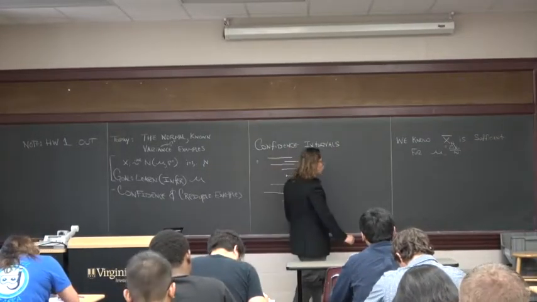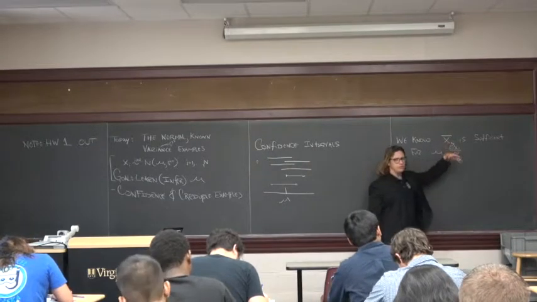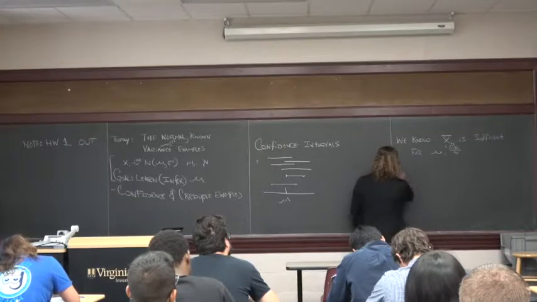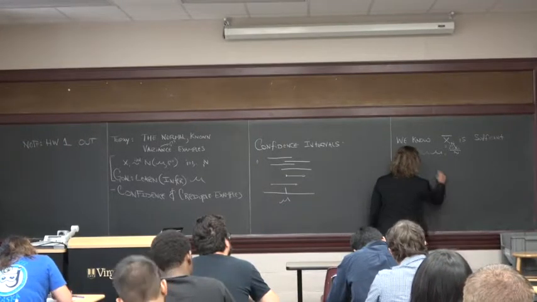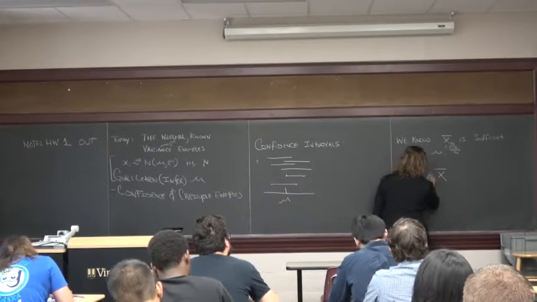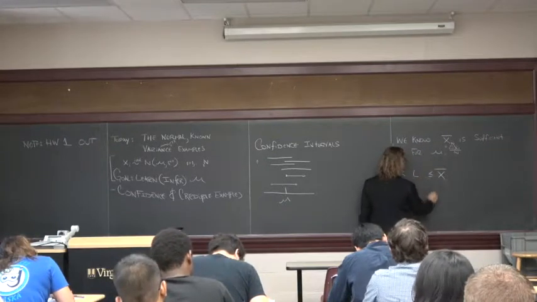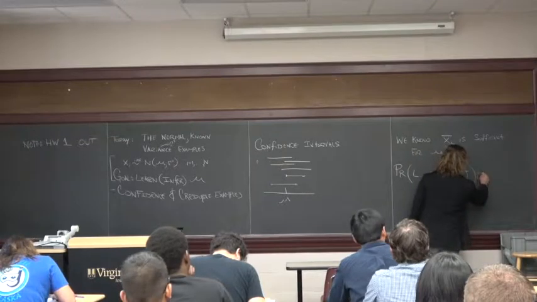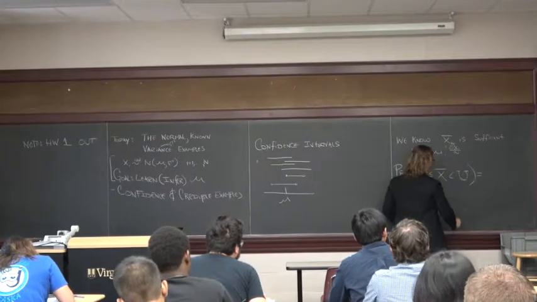And so, if I wanted to learn mu, all I need to know is x bar. It turns out, in any Stat 101 class, they'll teach you that the probability that x bar is between some lower bound and some upper bound, you can compute.